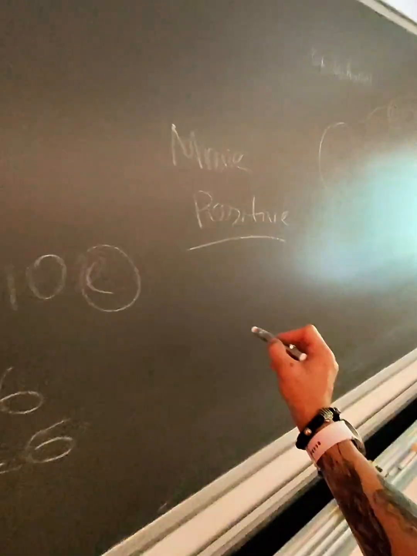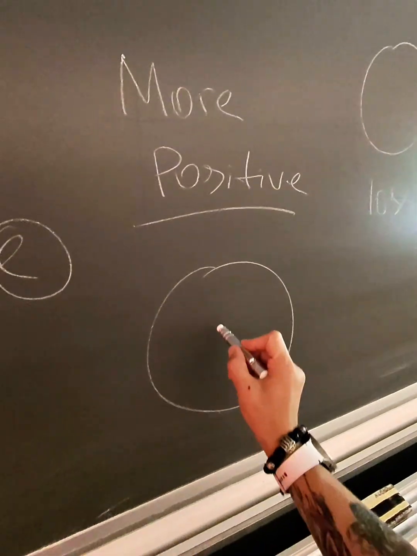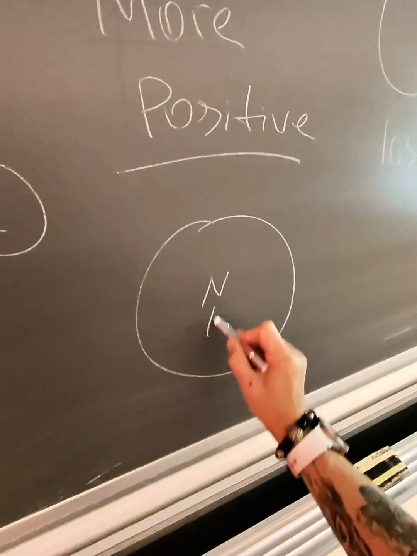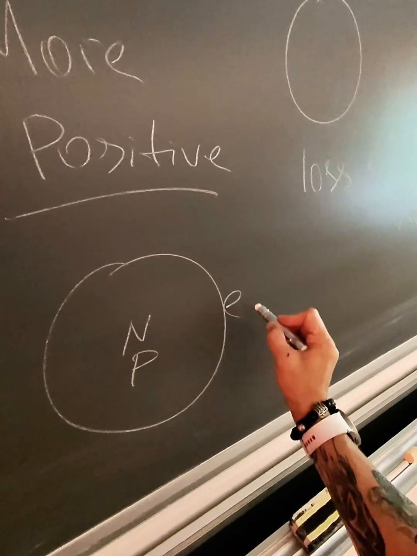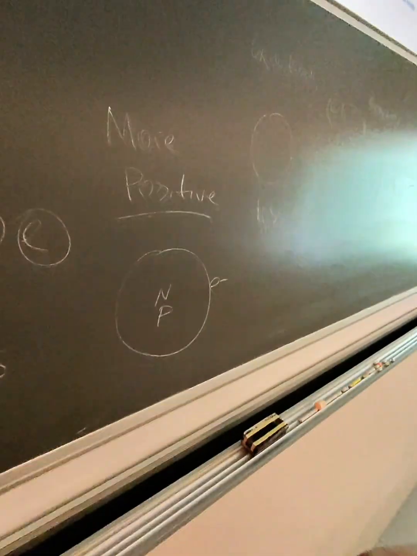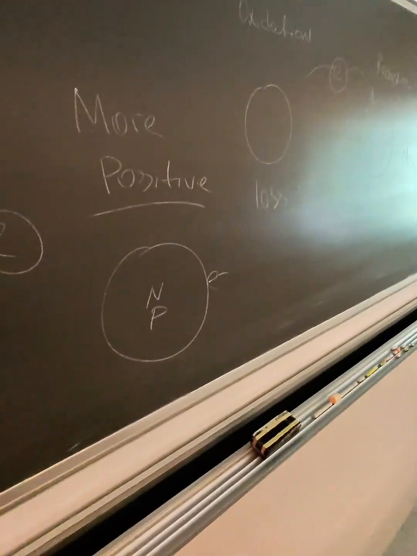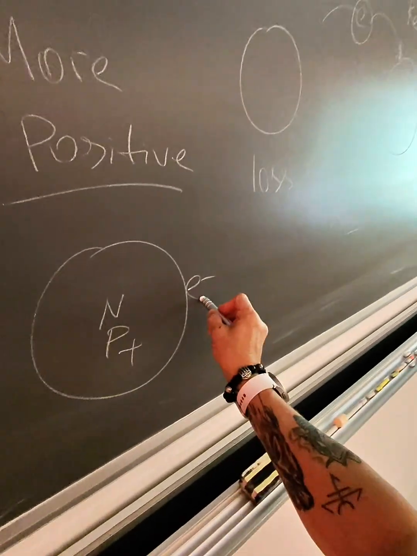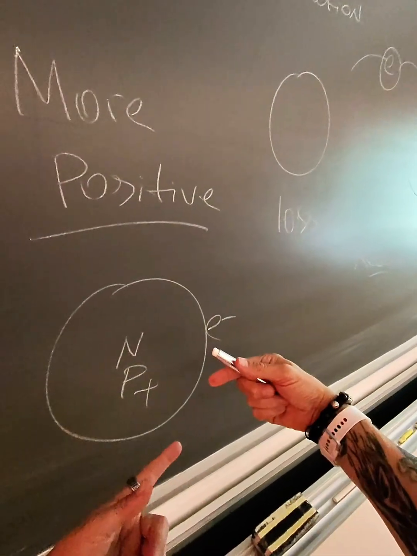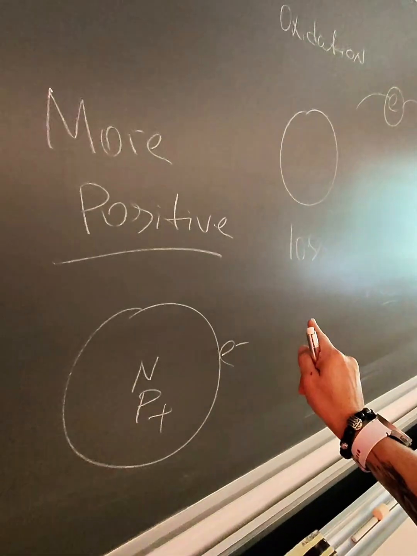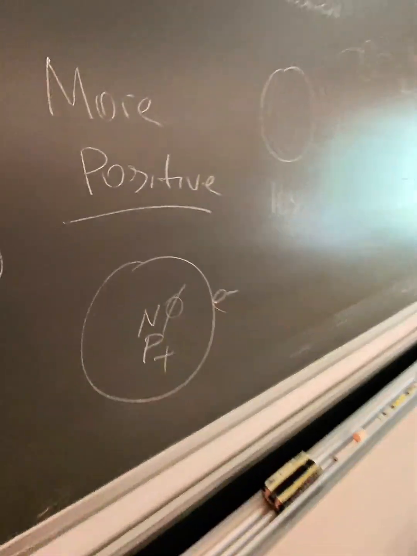Within the nucleus of an atom, we have neutrons and protons, and we have electrons orbiting the atom. Protons are positive, electrons are negative. They attract one another. That's why it's hard for the electron to escape. But neutrons are neutral.